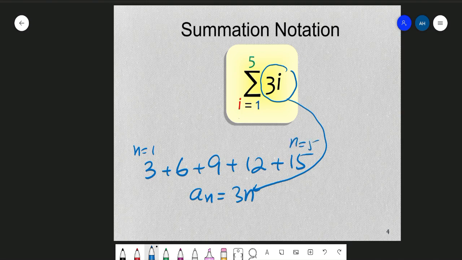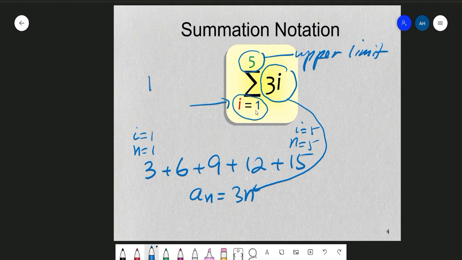In this case, we replace it by I starting from 1 and stop when I equal to 5. So we start I from 1, because in this case n equal to 1, and we stop when I equal to 5. This is what we call the upper limit, and this I equal to 1 we call the lower limit.